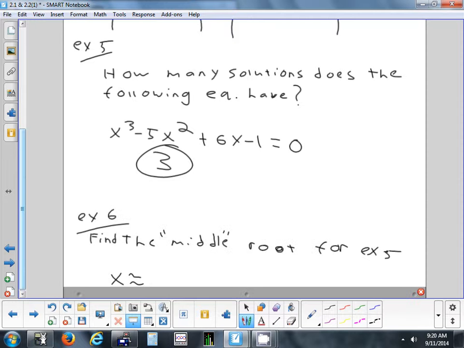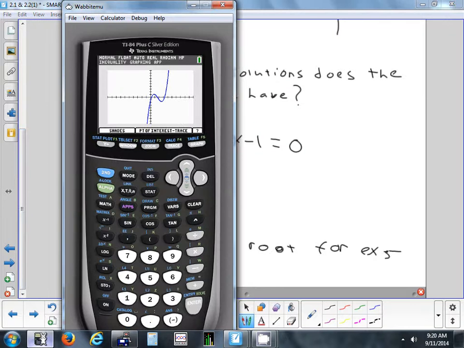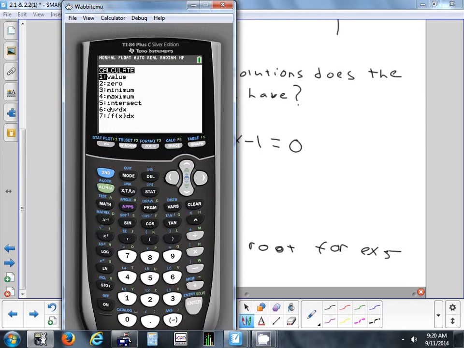Okay, now I want to actually find one of the answers. We'll find the middle root. Okay, so when I say the middle root in a cubic, I mean the one that's in the middle, not the one all the way on the left or the right. Okay, so second calc, zero.